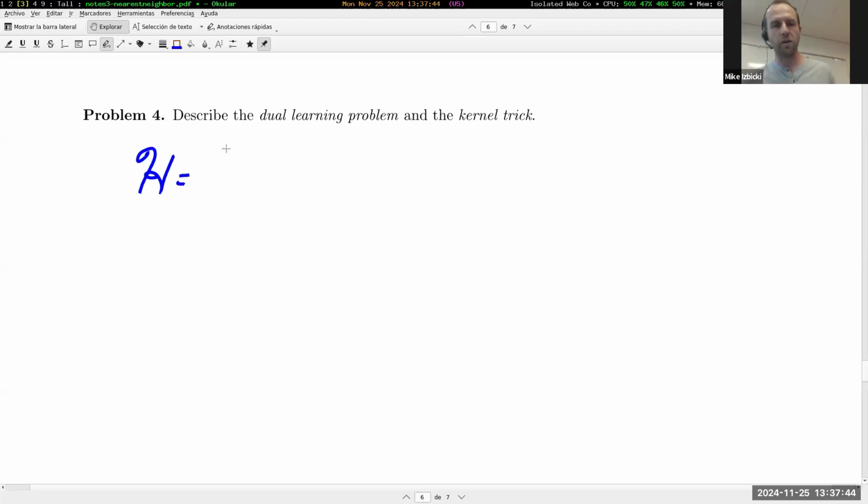I'm just going to rewrite that hypothesis class right here, which we have seen many times at this point. So x maps to w transpose phi of x. This version is including the feature map already built inside of the hypothesis class.